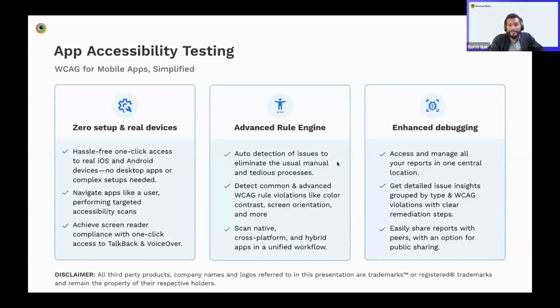Three things really stand out: there's zero setup required. All you require is one URL, and you can load your real device from our infra and start testing on it. You get access to an advanced rule engine. We are creating our own proprietary rule engine, and you can also do some enhanced debugging. It's a pretty cool tool.